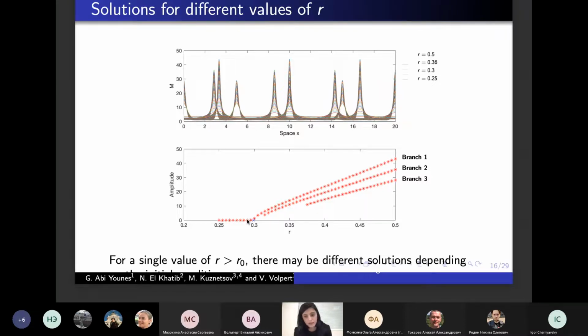This is what we explained earlier. Other branches also bifurcate from the trivial solution, and since the solution is unstable for the corresponding values of R, solutions at the second and third branch are unstable near the bifurcation point, whereas for larger values of R, they are stable.